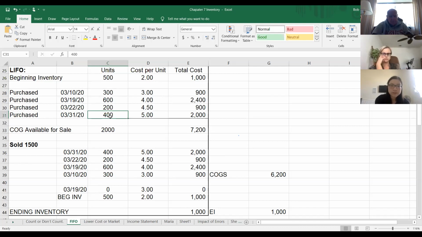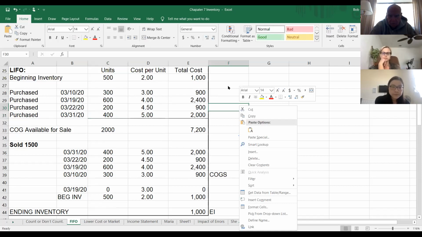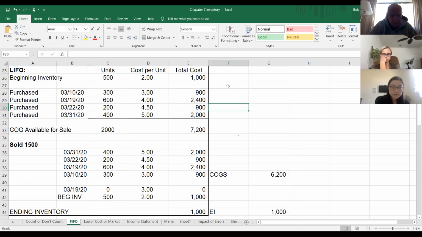But the key thing for now, first in, first out, we start here. Last in, first out, we start there. Those two are not too hard, I think.